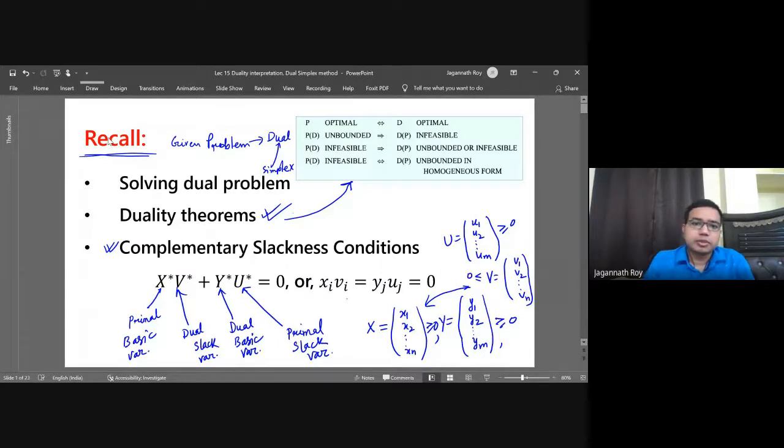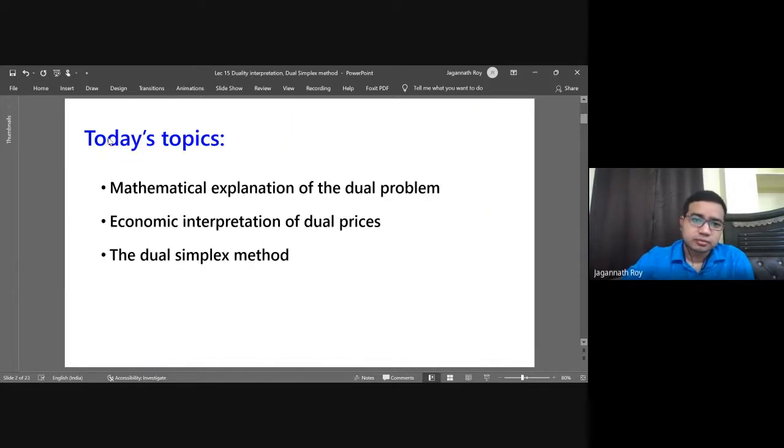That is why we can say that component wise, they will become 0: xi vi and yj uj. This is a very powerful theorem for a given problem. If the solution of the primal is given, then we can find the solution of the dual without applying the simplex algorithm.